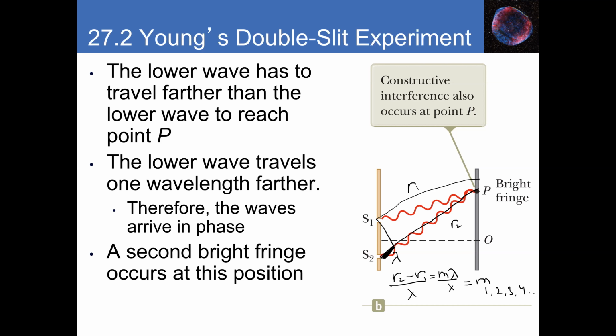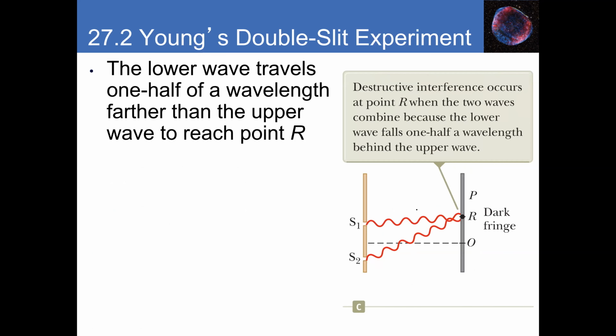If I continue to look at some other point here, looking at wave 2 traveling from here to there, I find the distance between them is now 2 wavelengths, and 3 wavelengths for the third one, and so on. So all of those waves are always going to be in phase.